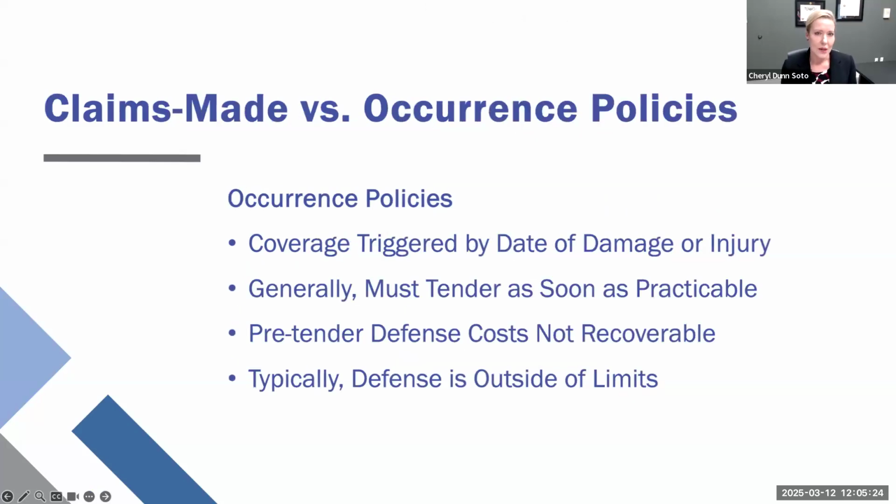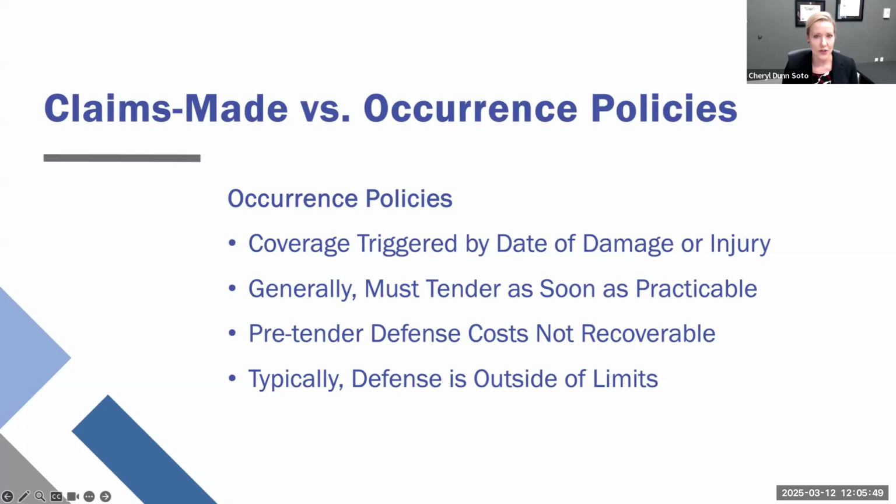One of the concepts that you need to understand is the distinction between an occurrence policy and a claims-made policy. Occurrence policies, I think policyholders are typically familiar with. General liability policies are almost always occurrence policies. In occurrence policies, the trigger of coverage is when did the damage occur?